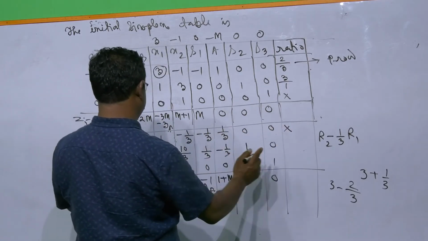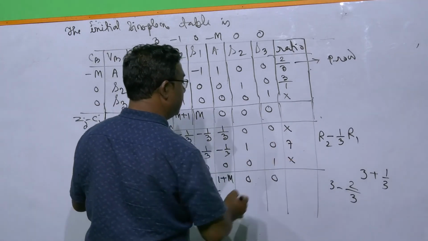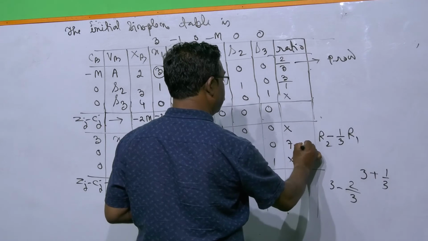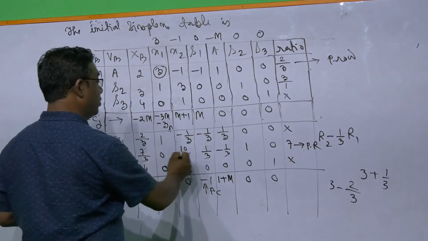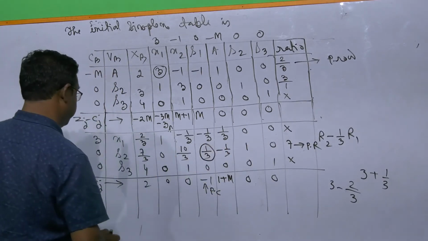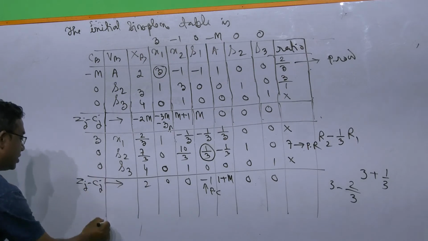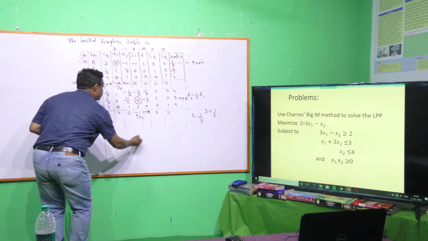Then you divide here, it becomes 7, divided by 0 we will not consider. So this is the pivot row. So the pivot column is here, the second row is the pivot row, so this is the pivot element. So next iteration, you continue the table.